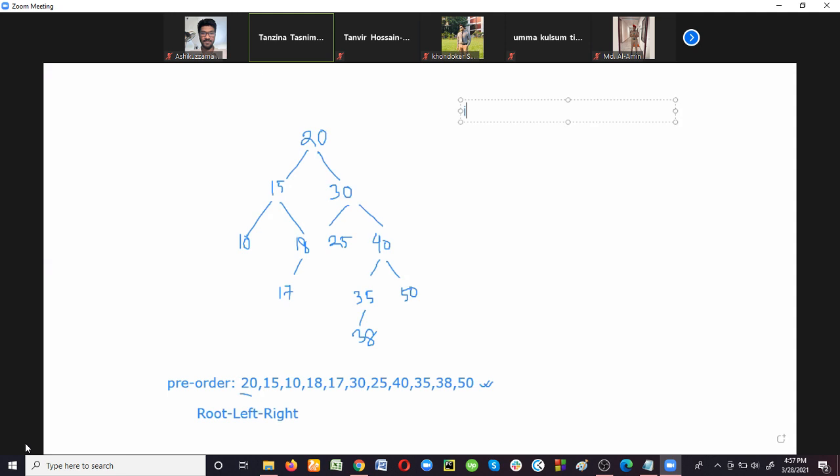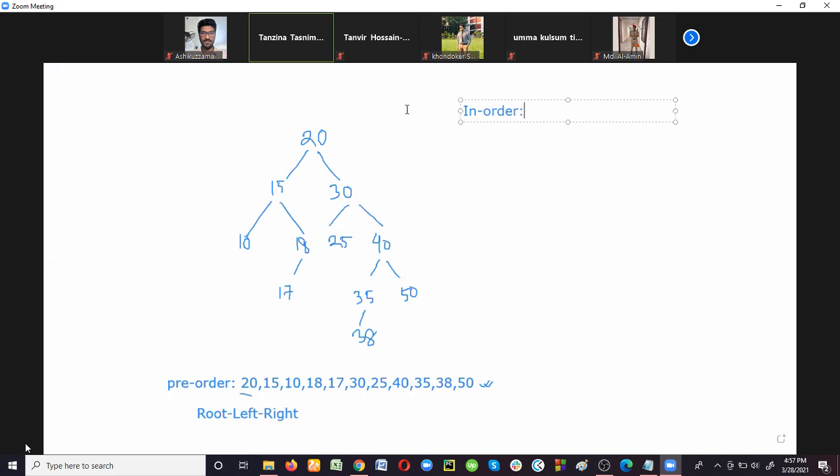Okay. So now we can use the next one, that is the in-order traversal method. So what should be the sequence in in-order traversal method? Which node will be traversed first? This name is given based on the position of the root node. That means the root node should be placed between the left subtree and the right subtree.